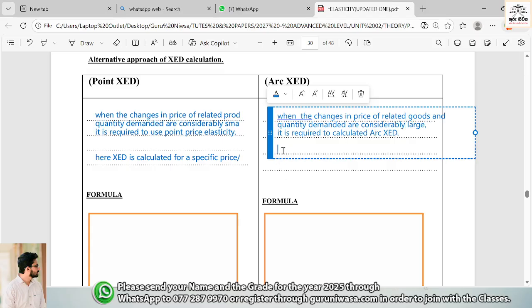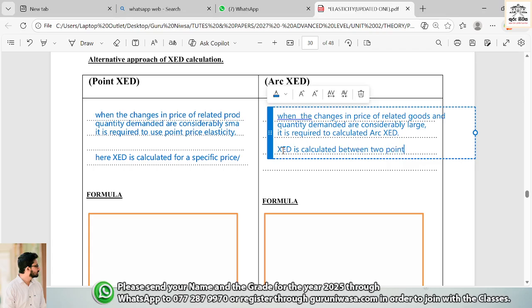Second point: here XED is calculated between two points.